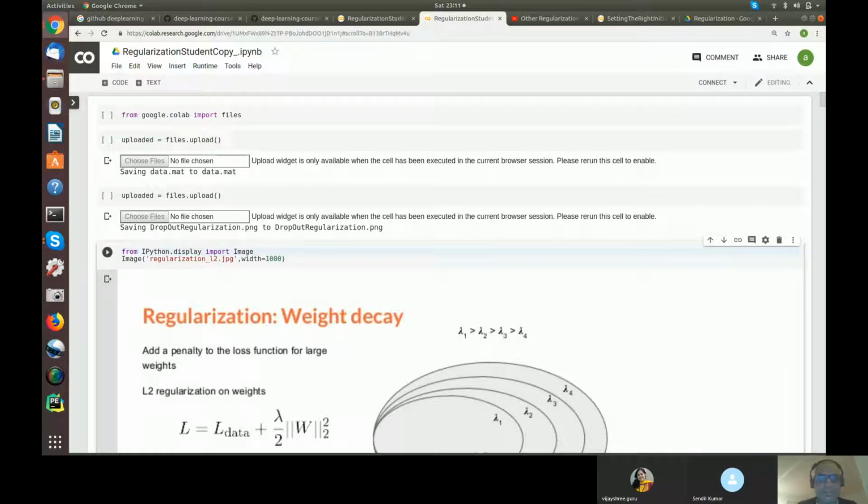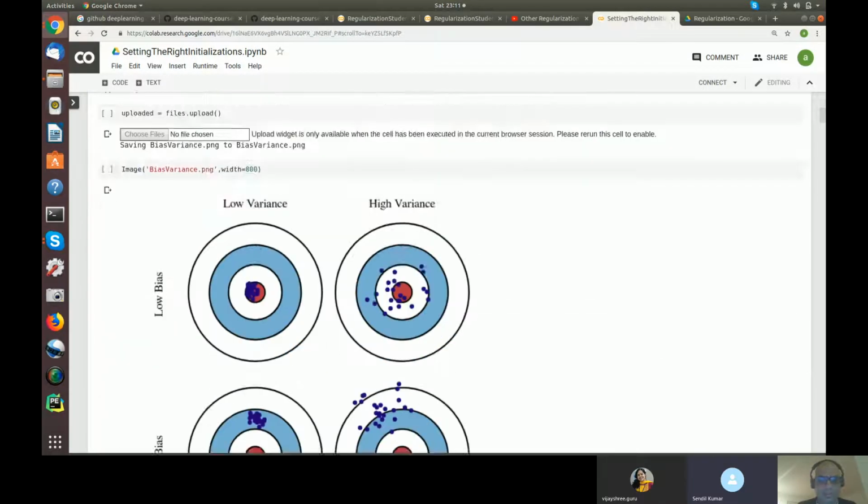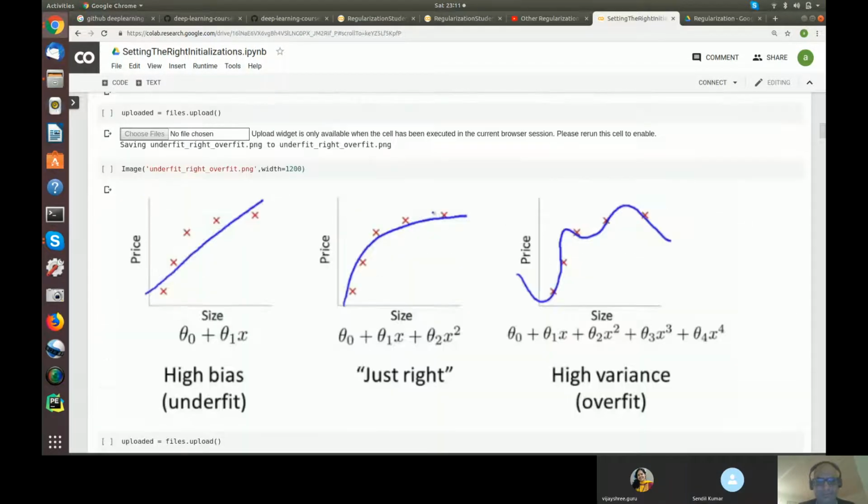So last time we had talked about this thing called bias and variance. And so at the left, we had a case of high bias, where the data was having a curve, a quadratic shape, but the model only had a linear capability.